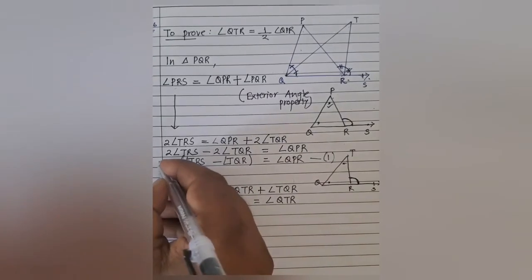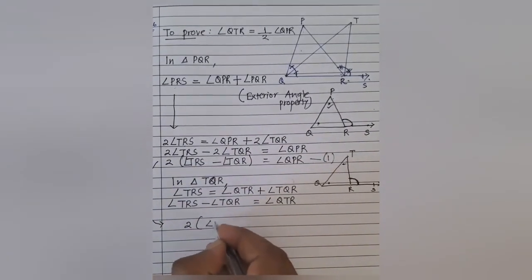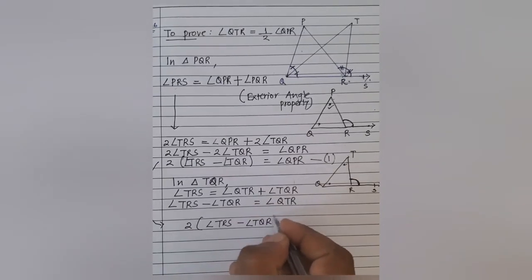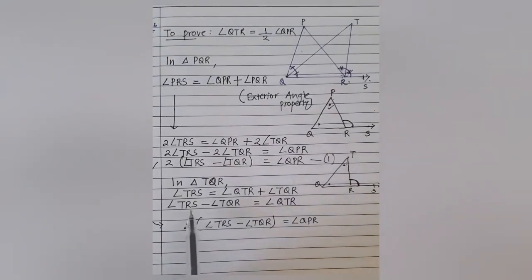So let me rewrite this for you. TRS minus TQR is equal to angle QPR. So I'm going to replace TRS minus TQR, which is equal to QTR.